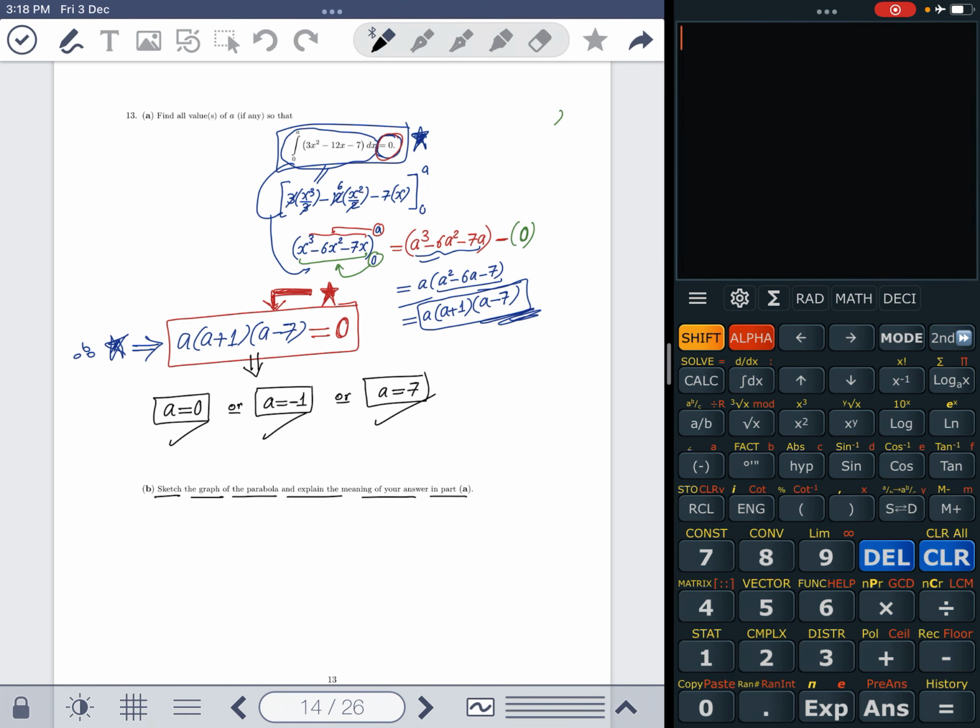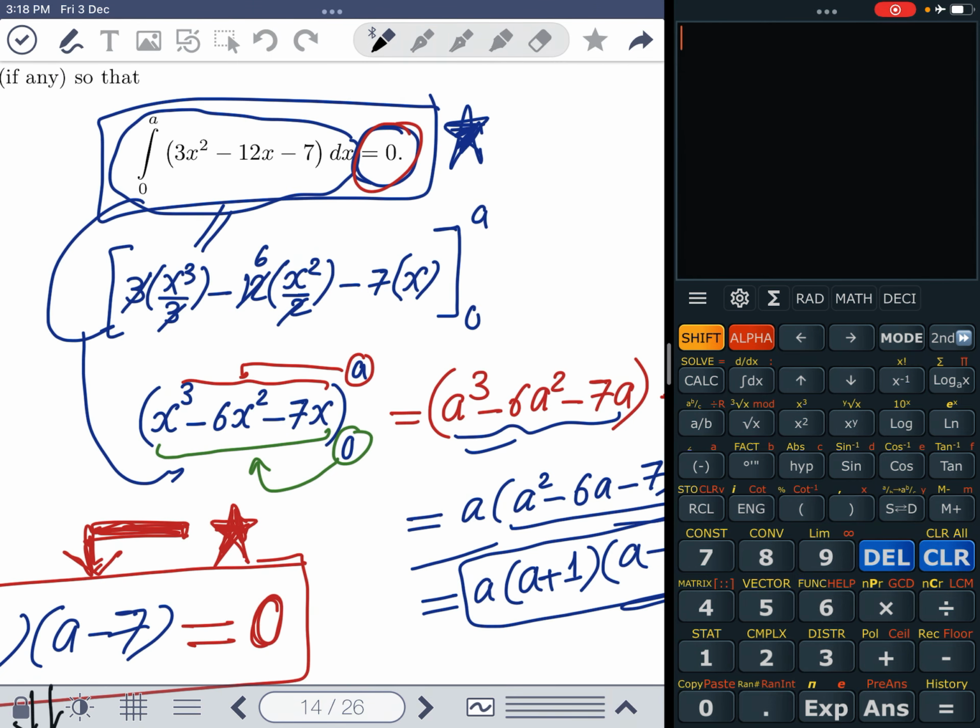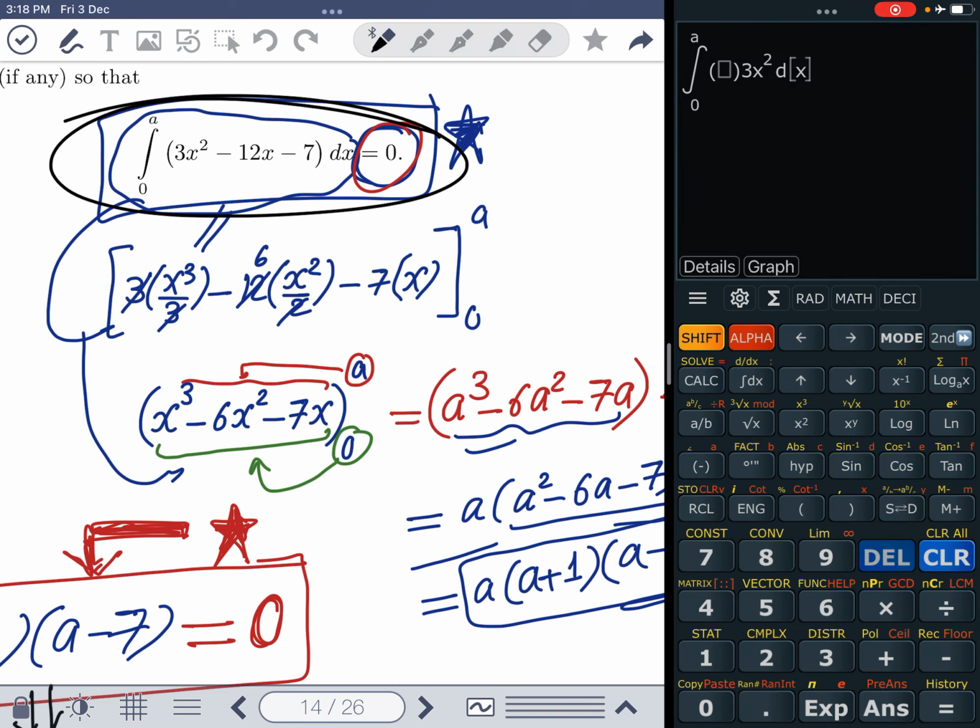But first, let us check that the three A's that we got really satisfy this formula. So this formula says the regular integral between 0 and A. So in this case, I have an A here, okay, and now I put the 3x squared, better to put it inside, 3x squared minus 12x minus 7, okay, the integral.